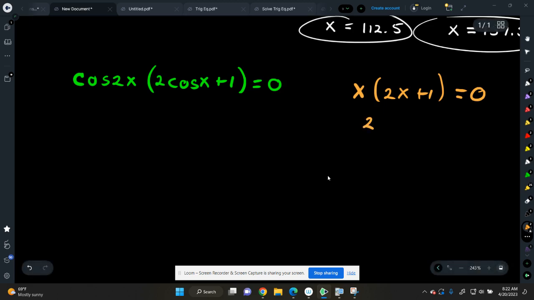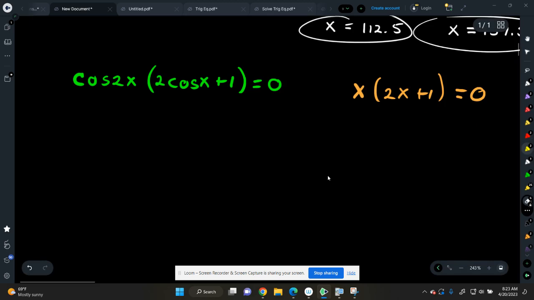Well, if I distribute, how does that help me? Maybe. It's the zero product rule. Zero product rule, yes. Right?